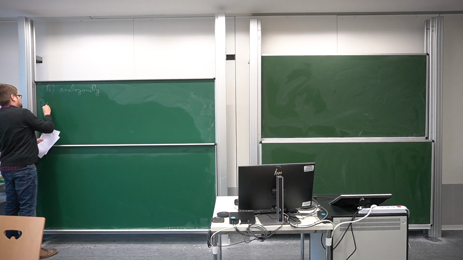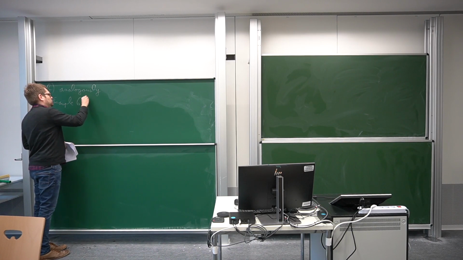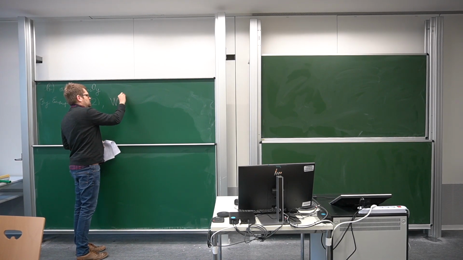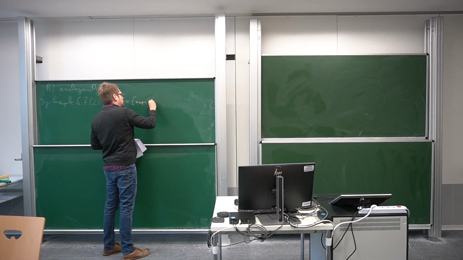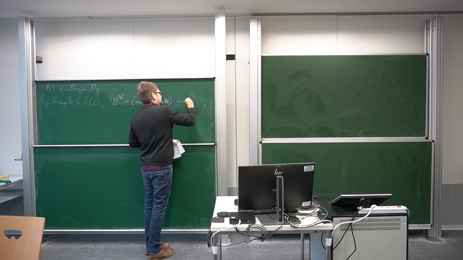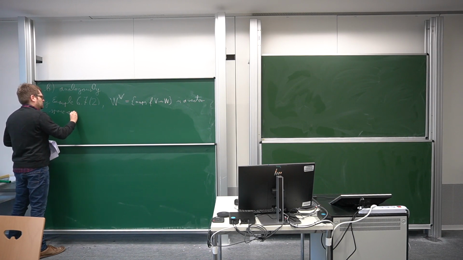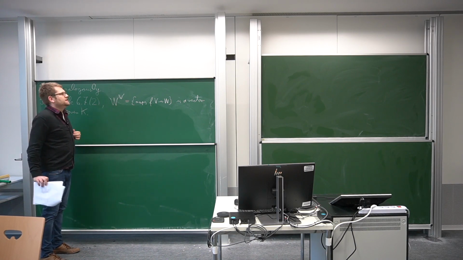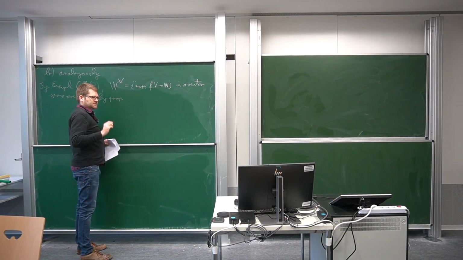We've seen before, by example 672 in the previous semester, that the space of all maps from V to W, which I denote like this, W to the V, so the set of all maps from V to W, is a vector space over K. And now if you think about properties A and B, the linear maps are of course elements of this set. So what we've basically shown with properties A and B is precisely the linear subspace properties.